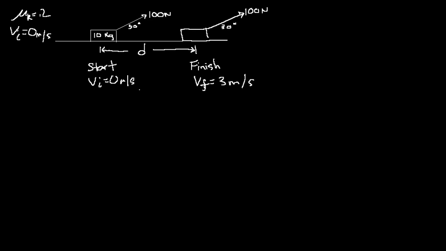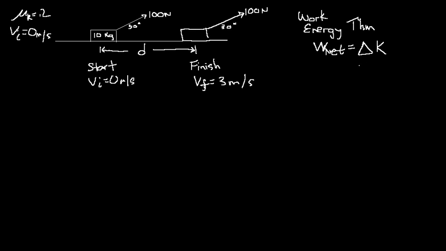We want to use the work energy theorem. So what's the work energy theorem? The work energy theorem tells us that the net work, in other words, the work done by all of the forces, because every force could possibly be doing some work, and the total work done by all of those forces on the object is the net work, is going to be equal to the object's change in kinetic energy.